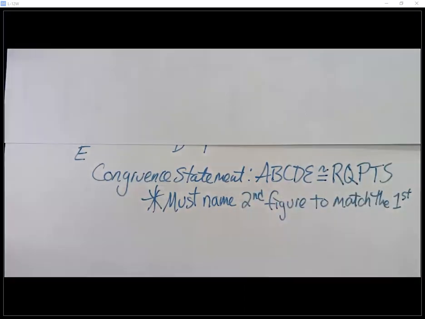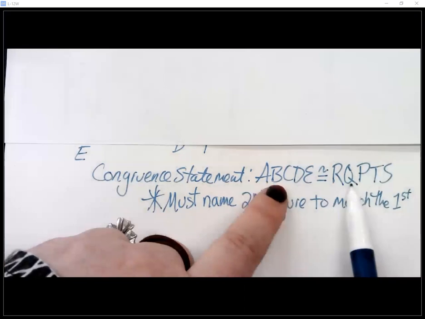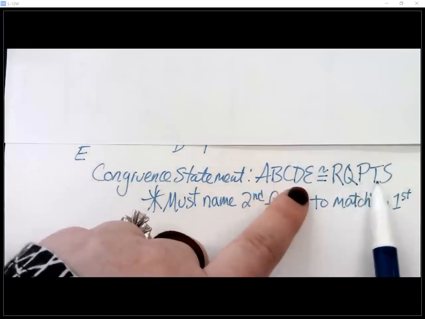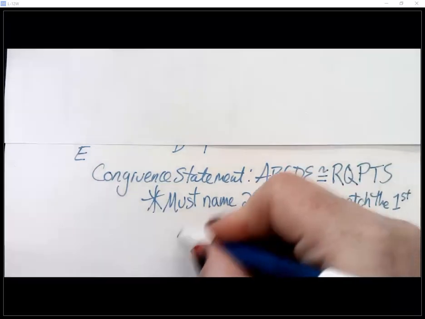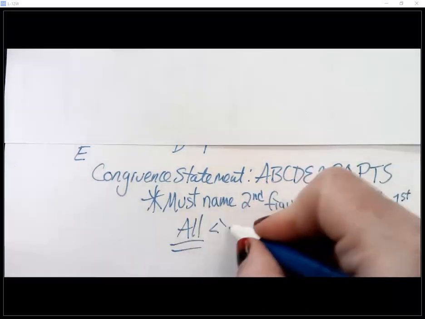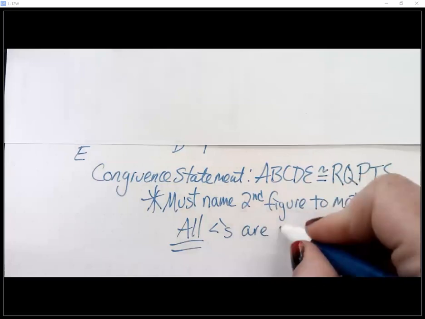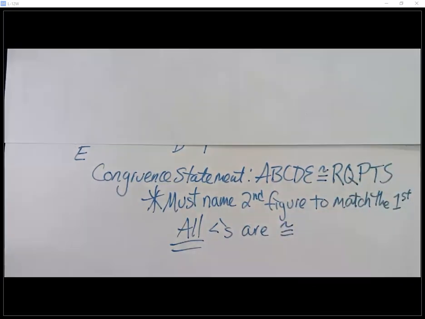A is equal to R, B is equal to Q, C to P, D to T, and E to S. And the other way, right? If I said who matches up with S, you could say E. Who matches with P, you can say C. Oh my goodness. So you get every single one of those angles. So let's say all angles are congruent, but that's not all.